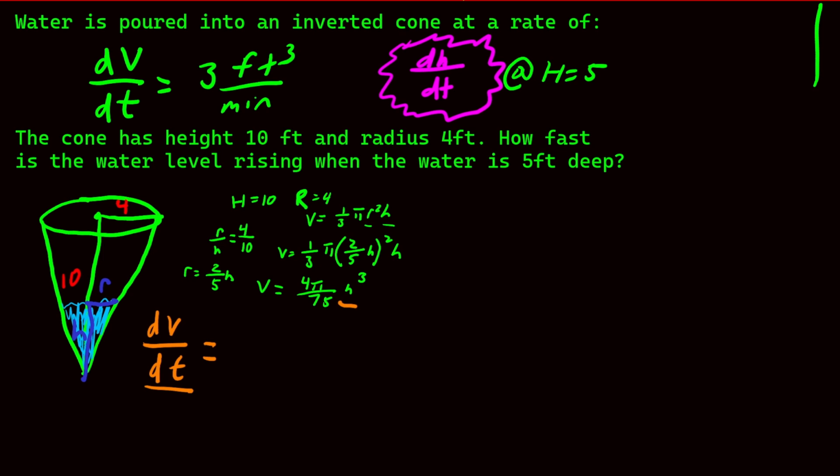So this would become the derivative d/dt of 4 pi over 75 h cubed.